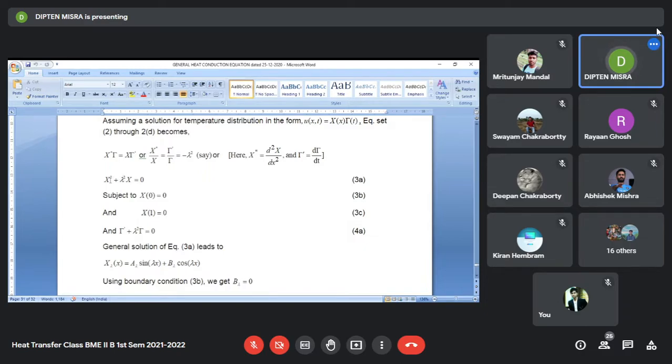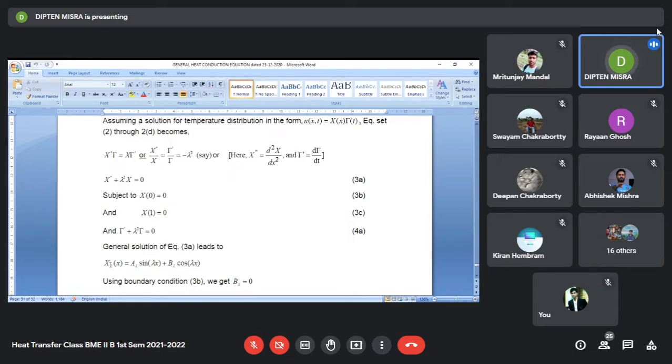This is possible for different values of lambda, or lambda square. For different values of lambda we can have different solutions. So it is taken as a parameter that makes different solutions for different problems.